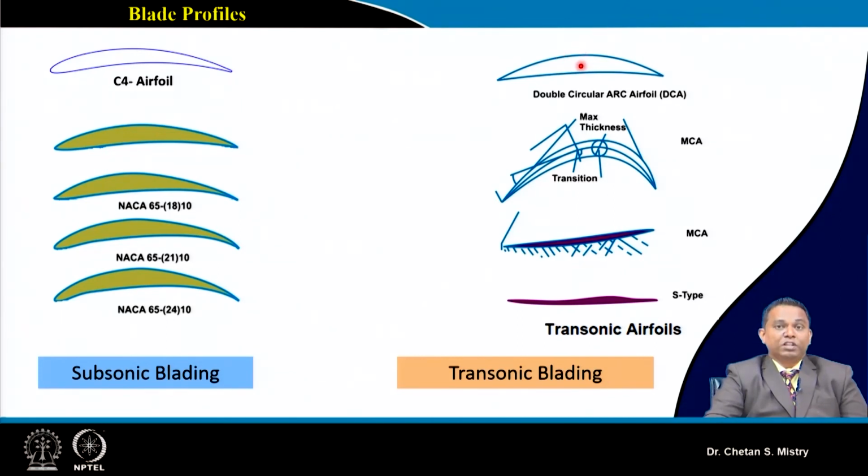Here for the double circular arc, the maximum thickness is at the mid station, say 50% of my chord.